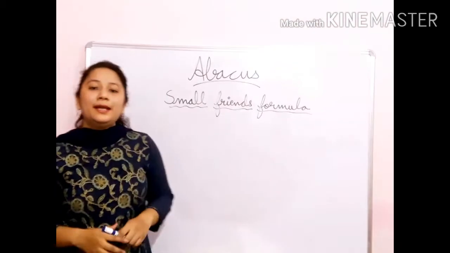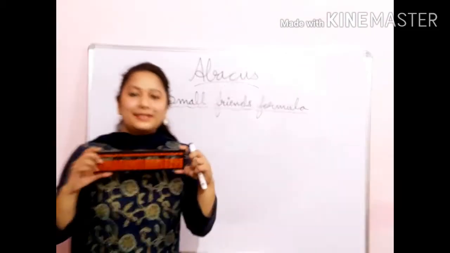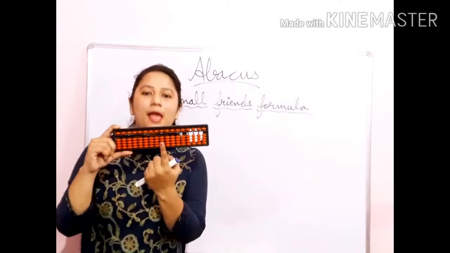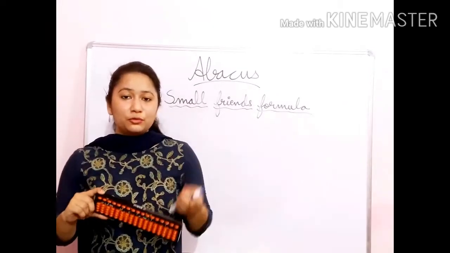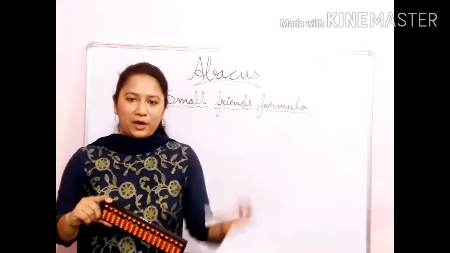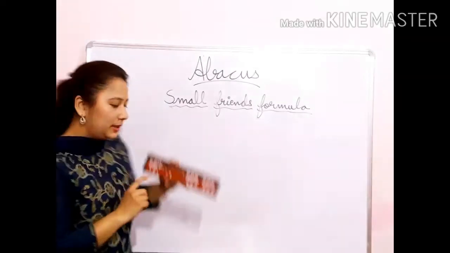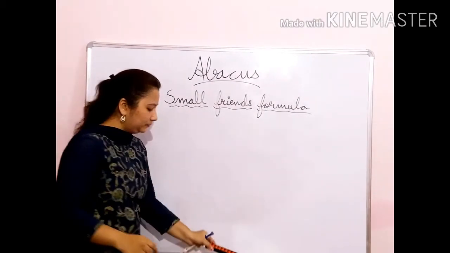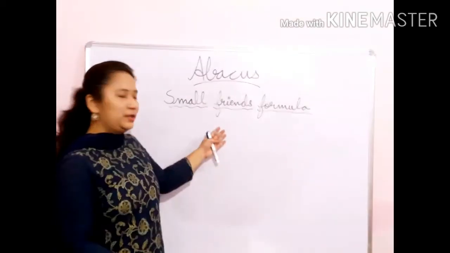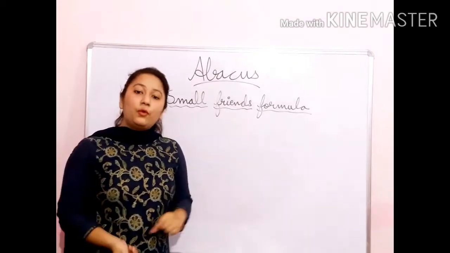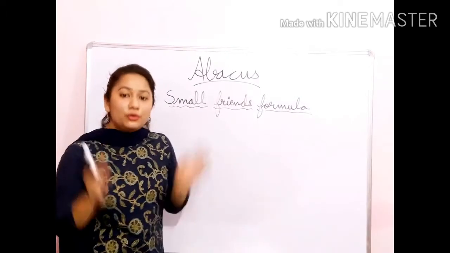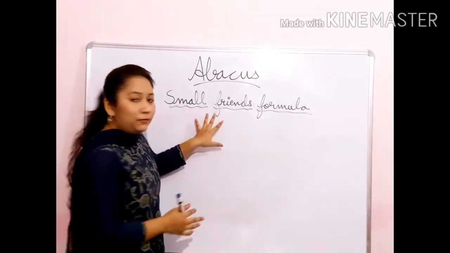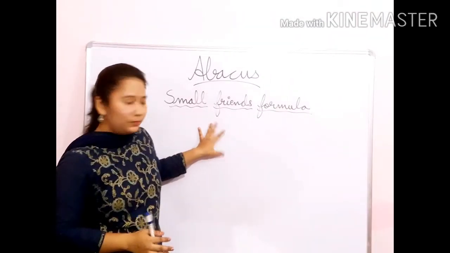See, in Abacus tool, till now I have told you how to do multiplication of 2, 3, 4, 5 and 6. Now today I will tell you how to use the small friends formula in this Abacus tool. But before using, you should know what the small friends formulas are and you have to learn them also.